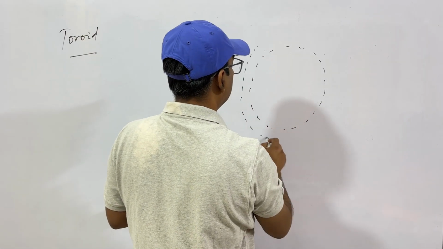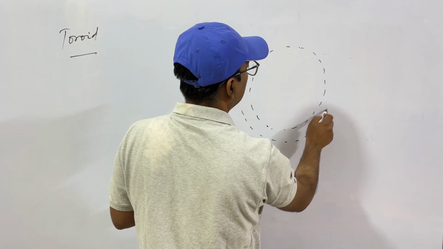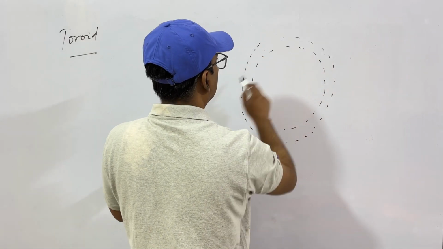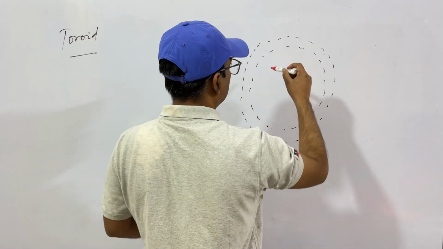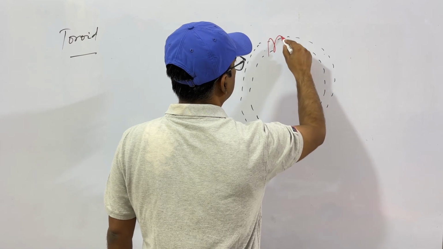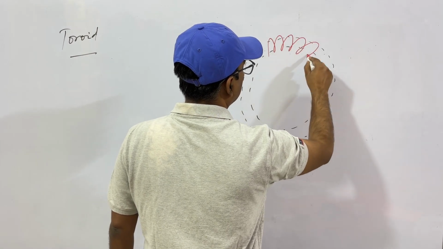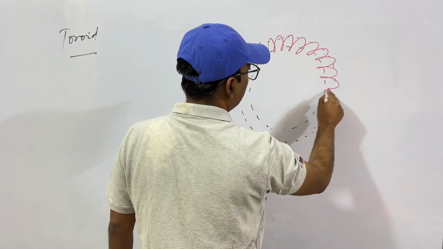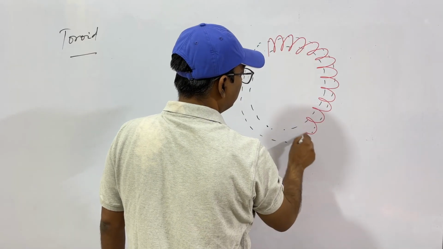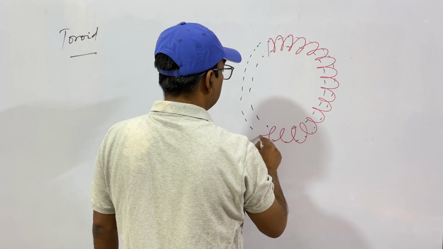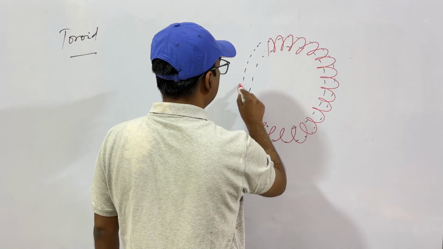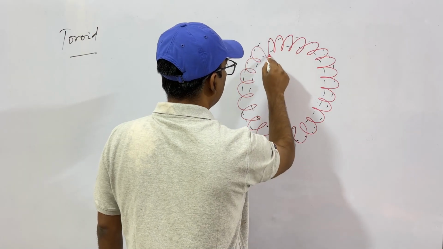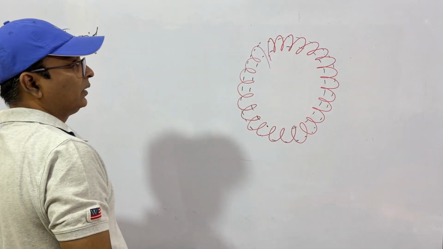We'll have winding across this circular cylinder. It will be like this. The gapping will be lesser, but just for your understanding, I am drawing it. Okay. So this is your toroid.